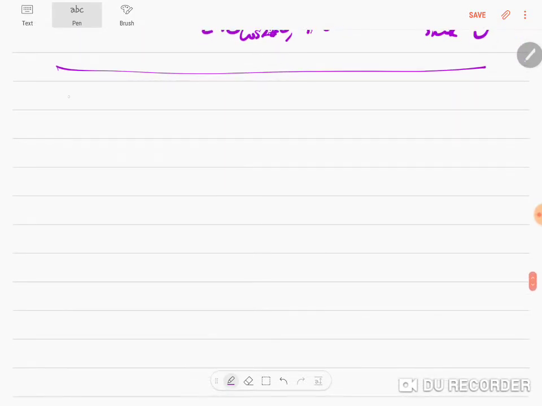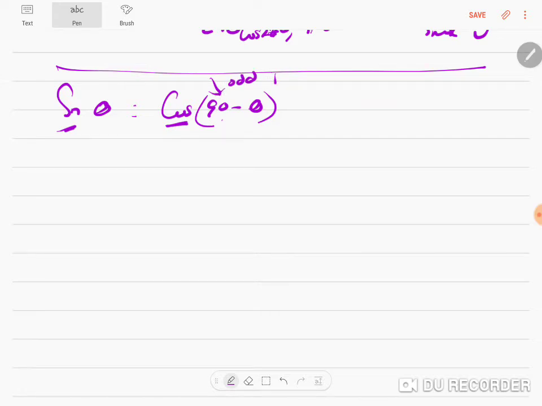You also learned complementary angles, such as sin theta, which can be written as cos (90 minus theta). Why was it that the sin became cos? Because it was an odd multiple of 90. With odd multiples of 90, sin becomes cos. A cos theta can be written as sin (90 minus theta).